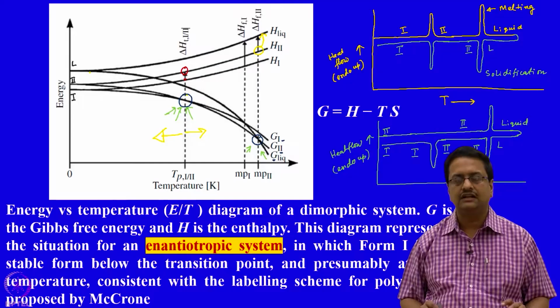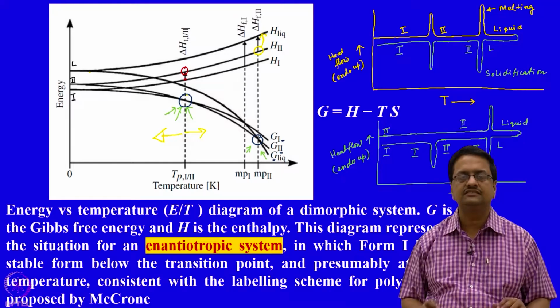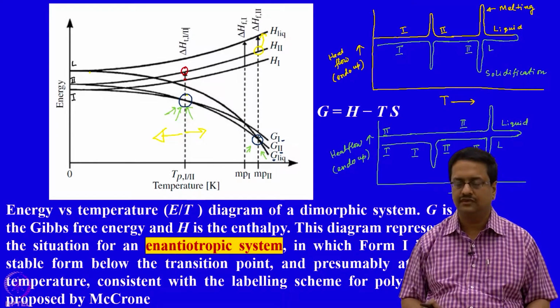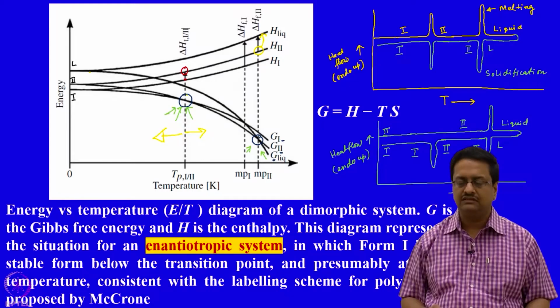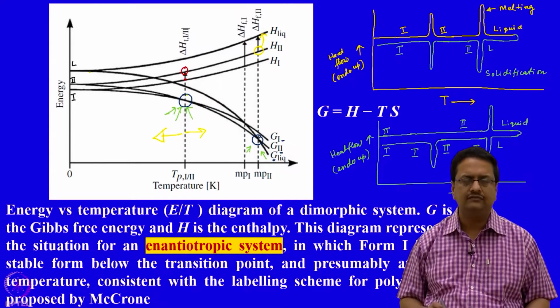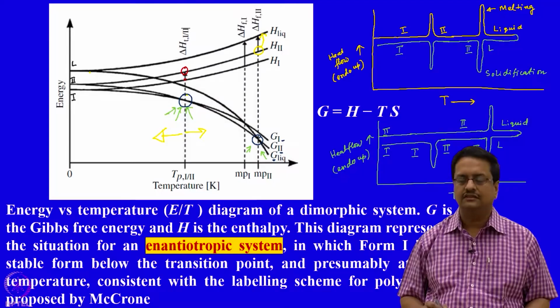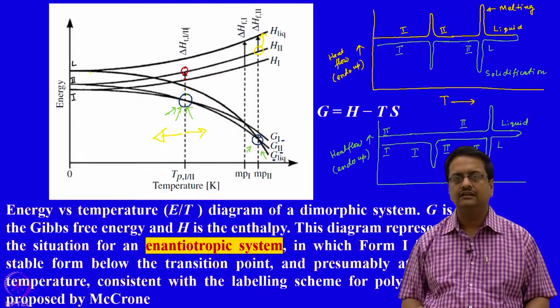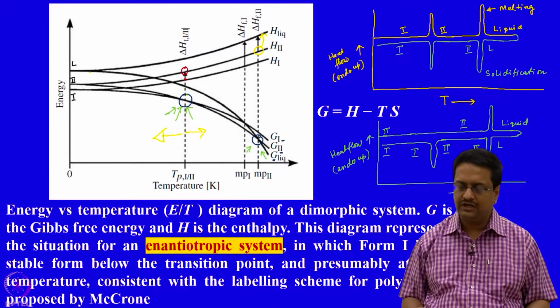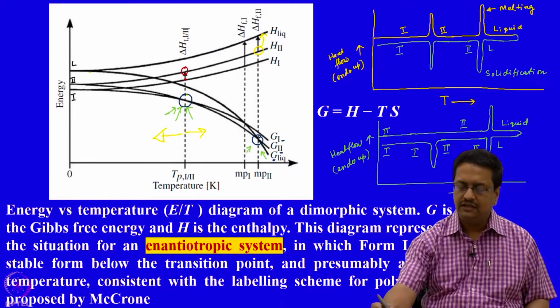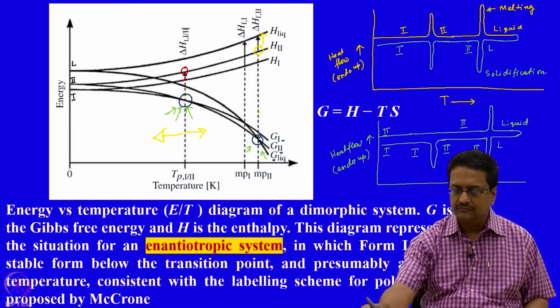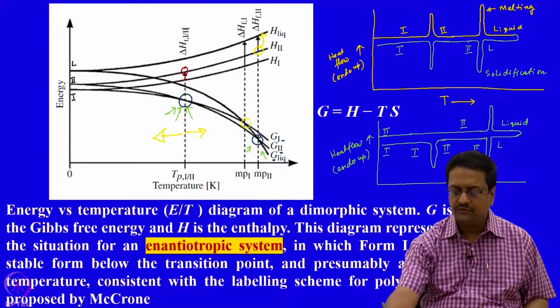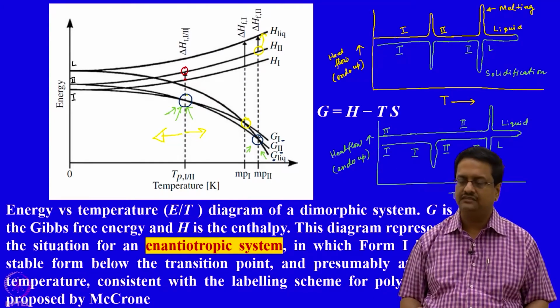Suppose we want form 1 to remain as form 1 beyond the transition temperature of form 1 to form 2. What one has to do is heat form 1 at a very high rate, so that at the transition temperature there is not enough time for the phase to get converted from 1 to 2, but rather it maintains form 1 as it is heated, and then we can determine the melting point of form 1 by doing a very fast heating.